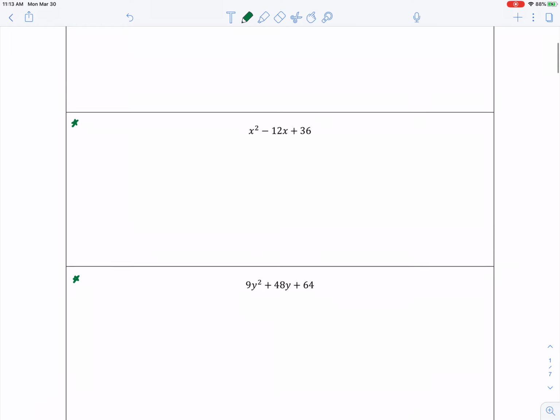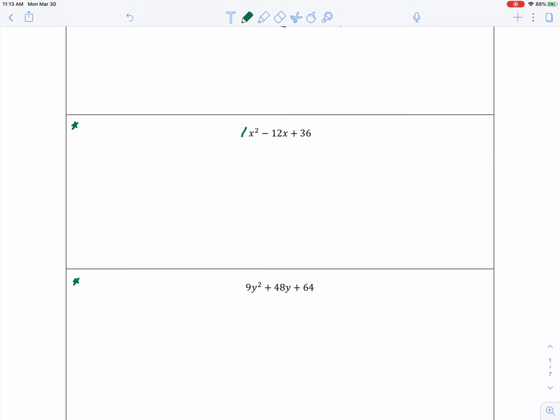I'm also noticing a lead coefficient here of 1. My eye is looking at this 1 and this positive 36. Those are both perfect squares. And now I'm checking out that exponent, and it is even. So I'm going to go ahead and try some numbers. So double parentheses, separate the x squared up into x and x.